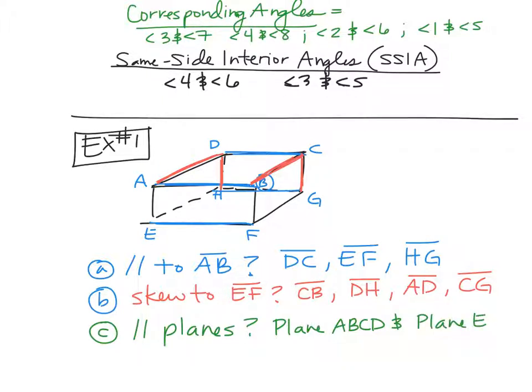Right. So you can look at this, right? ABCD, that's a top plane. EFGH is the bottom. Or you could have done left and right, or you could have done front and back. Okay? And you don't have to use 4 letters. You can use 3, but you need at least 3. Okay?